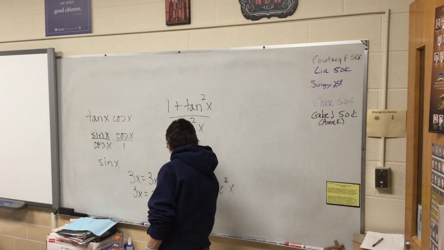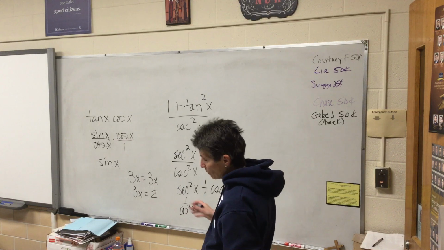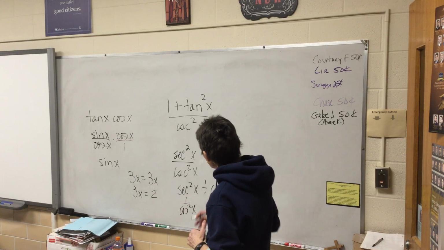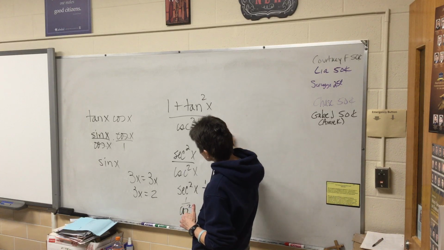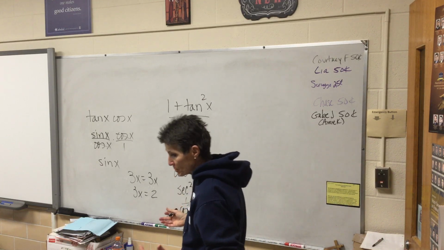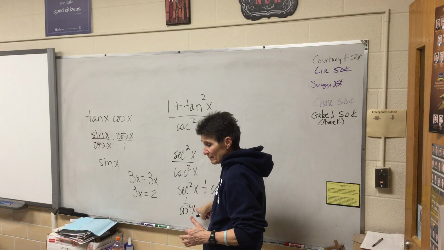Secant is 1 over cosine. I don't want to make the problem bigger, I want to make it smaller. So I just changed 1 plus tangent squared into secant squared. I don't want to change it back. Secant is the reciprocal of the cosine.